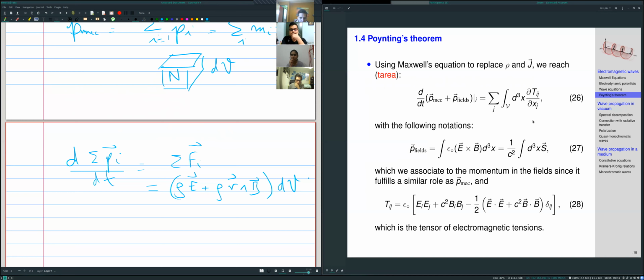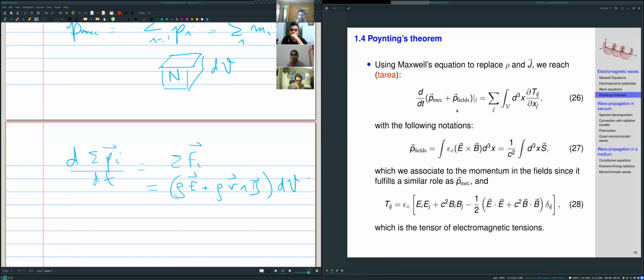So here we have an additional term that is additive to the mechanical momentum, and since it's added to the mechanical momentum, it enters the equation at the same point, inside the time derivative. We relate this term with the momentum in the fields.